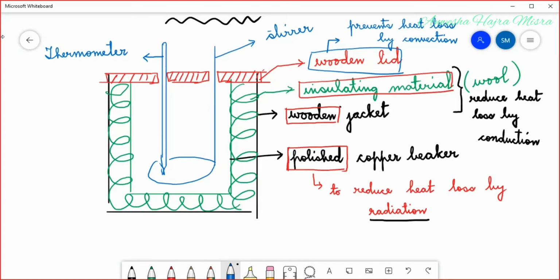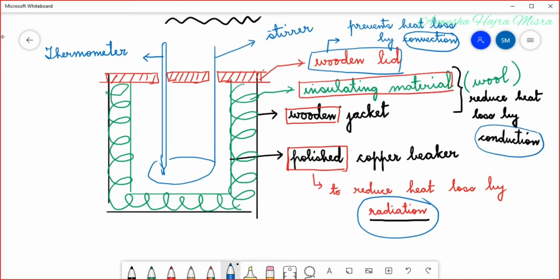The thermometer measures the temperature. The stirrer is used for fast uniform mixing. So in a calorimeter, heat loss is prevented by conduction, by convection, and by radiation.